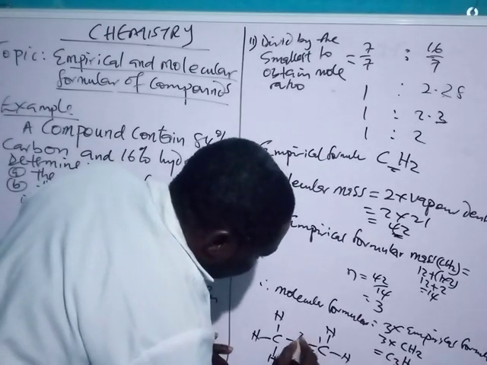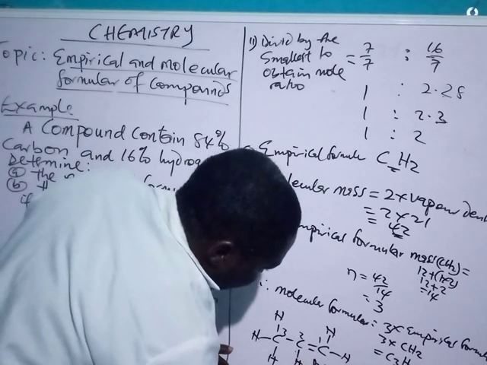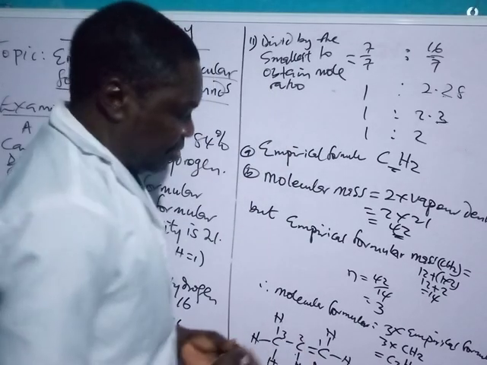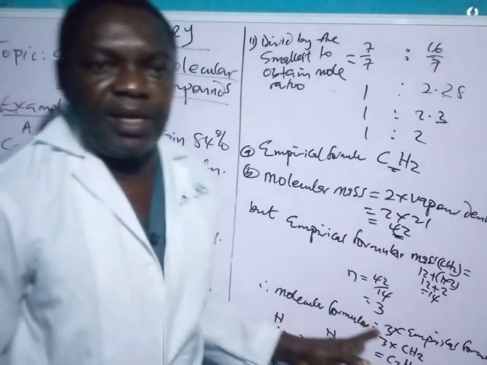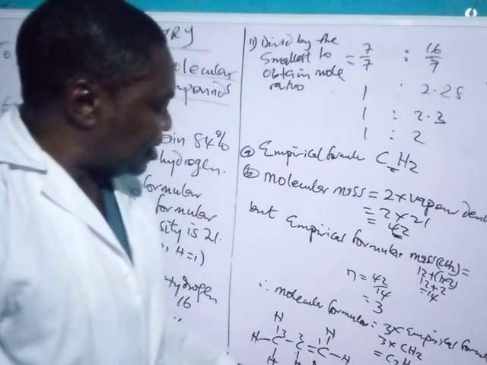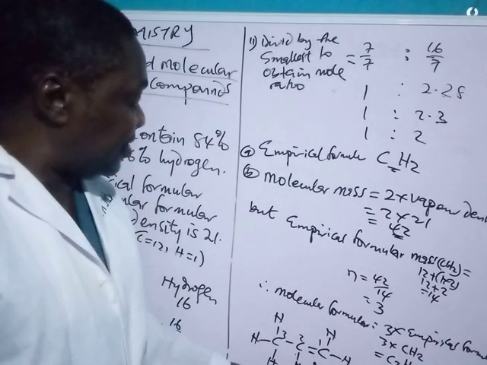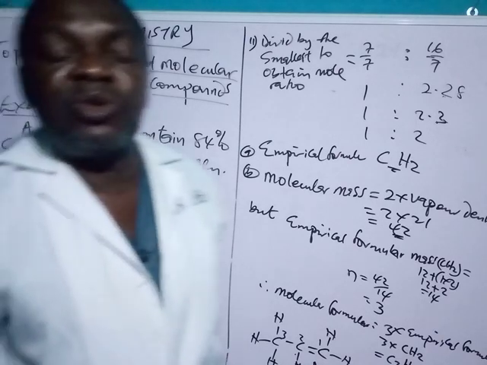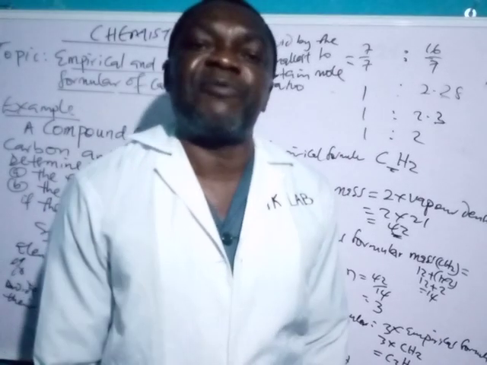You start counting from here. Prop-1-ene. So everything is totally explained. Even though you are expected to stop at the formula, you can add this in case questions are asked that involve drawing the structure and naming it. So this is a simple method of determining the empirical formula and molecular formula of the compound.